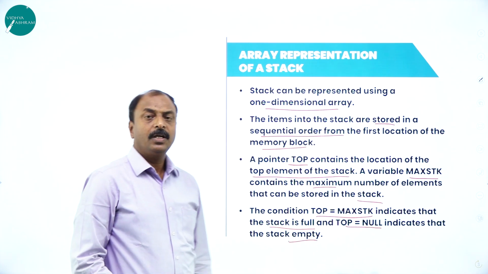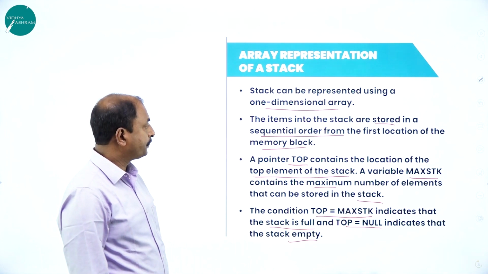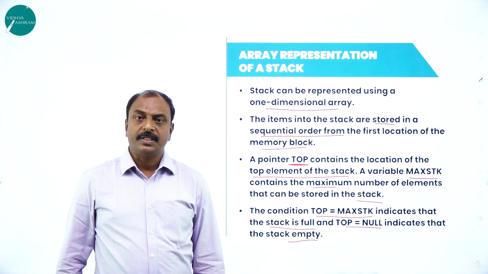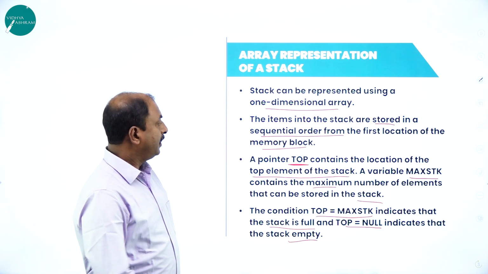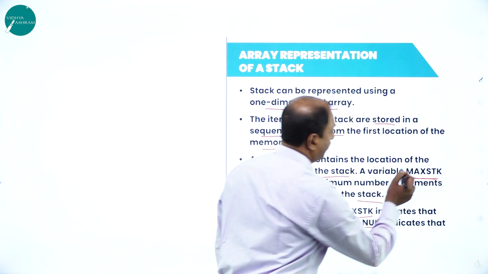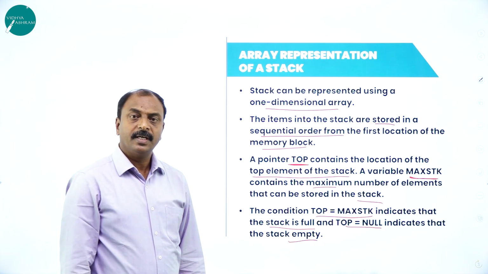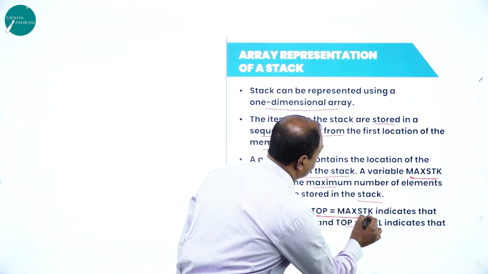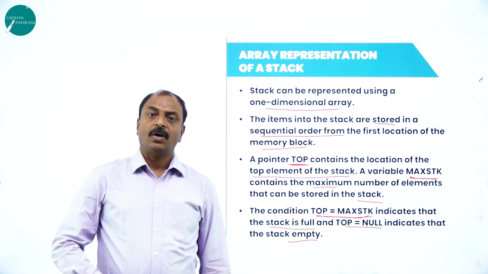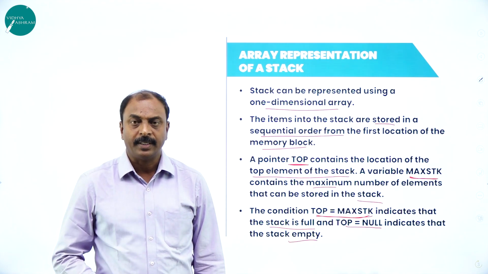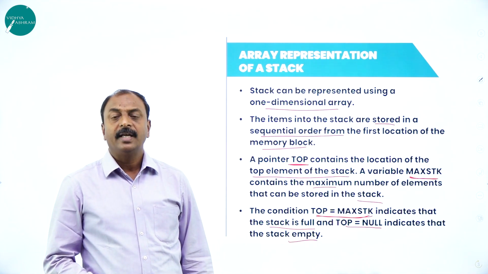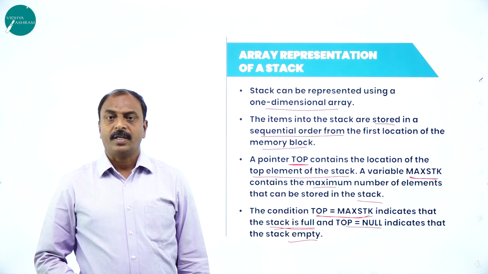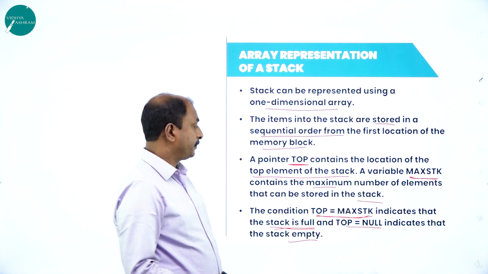Now here we are learning a few pointers and definitions. One is that top is a pointer where insertion and deletion take place in a stack, and another variable, max stack, indicates the size of the stack. Whenever the condition top equals max stack holds, that is, when the top reaches the last element of the stack, it indicates that the stack is full, so when the stack is full we cannot insert any new element into the stack.